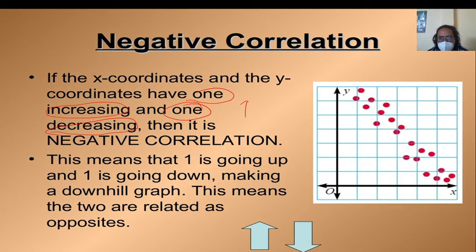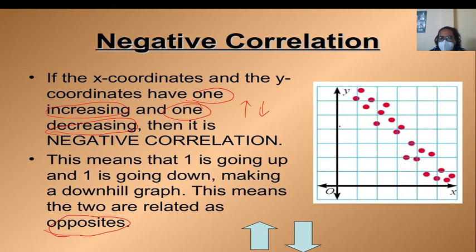Kapag si isa natin ay tumaas at yung isa ay bumaba, negative correlation. This means that one is going up and one is going down, making a downhill graph. This means the two are related as opposite.